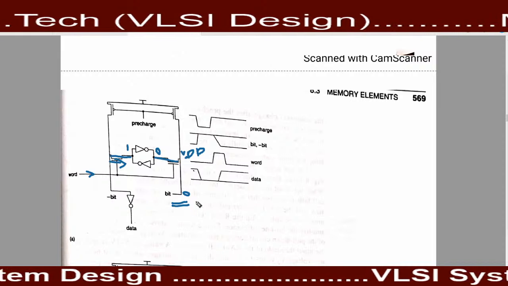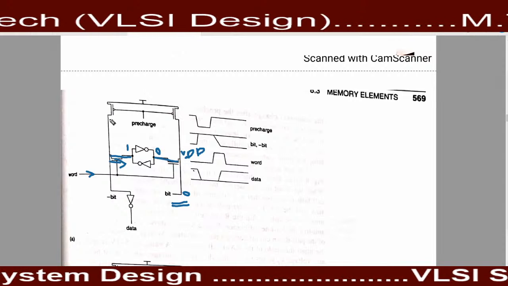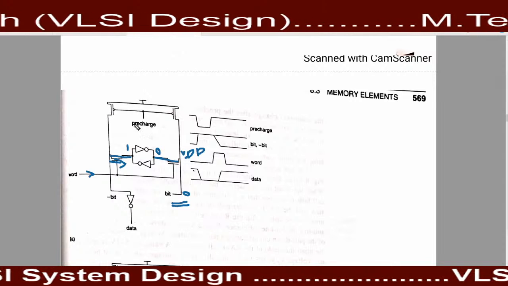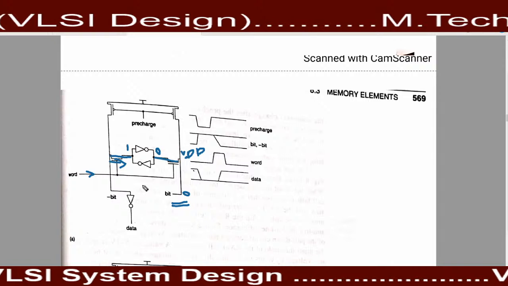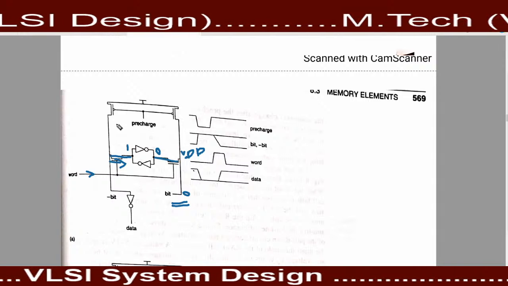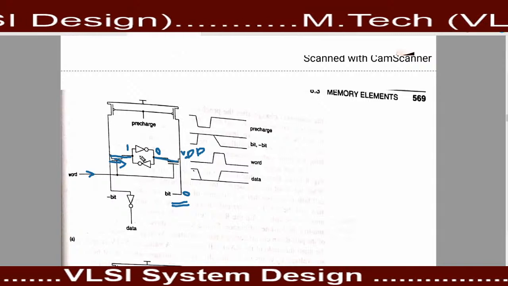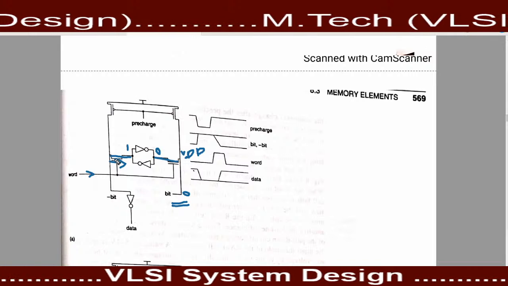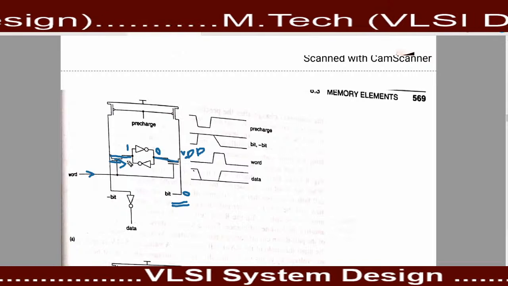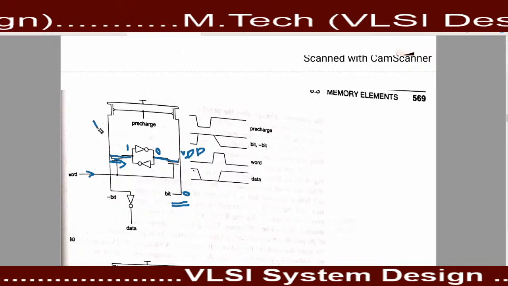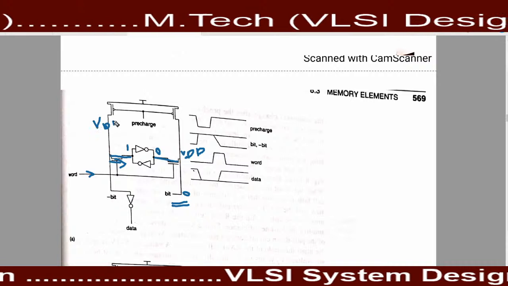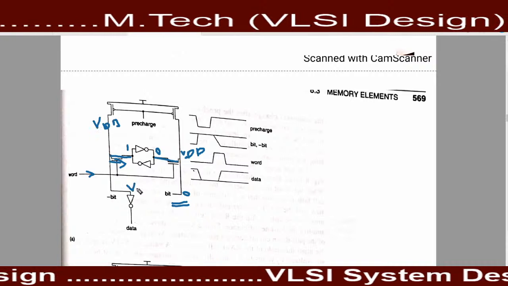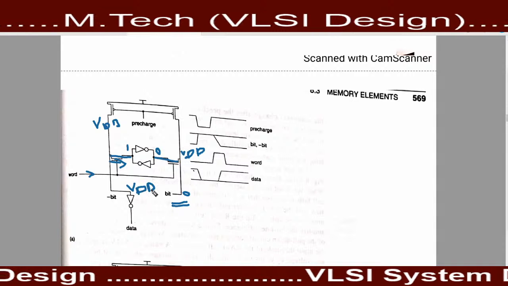You can read the data from this terminal also, because when the potential of this side and this side is equal, no current is flowing from here, so no voltage dissipation occurs. So if VDD is present here, in this terminal the same VDD is present.